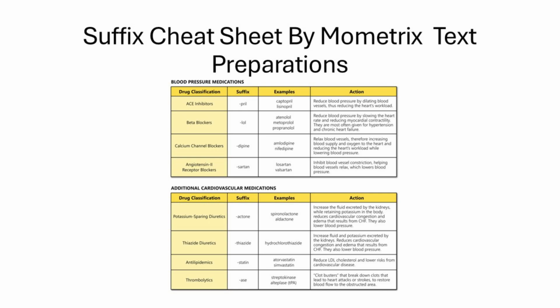They increase fluid excreted by the kidneys while retaining potassium in the body. They reduce cardiovascular congestion, so they're used for CHF, right? And they reduce edema. And most of these meds end in ACTONE.